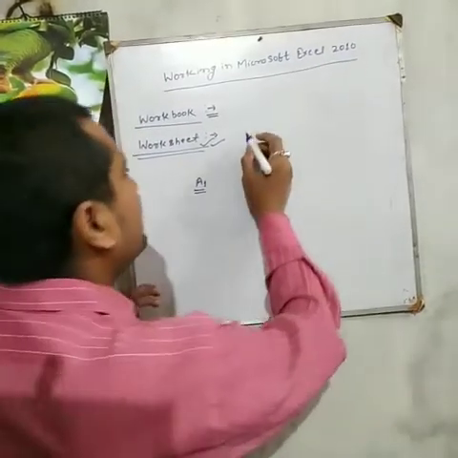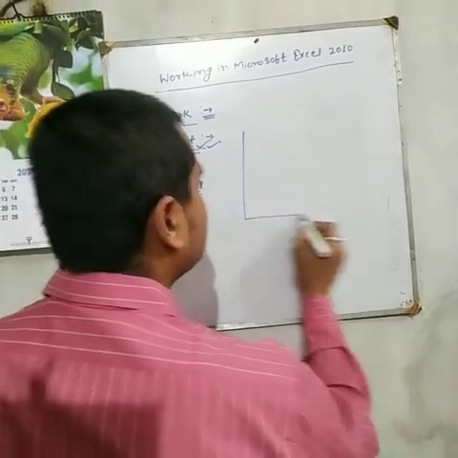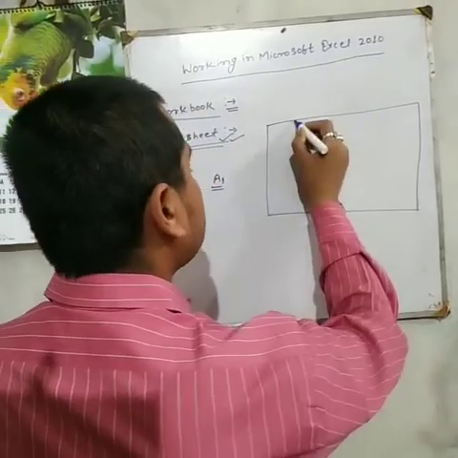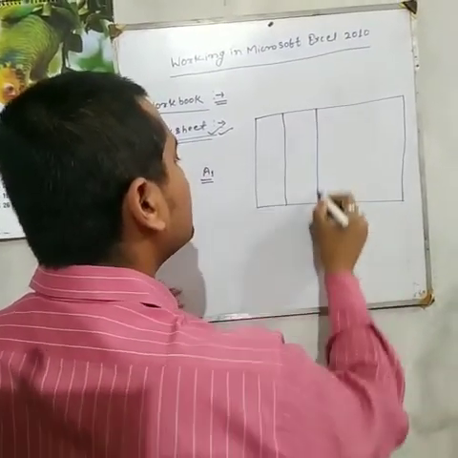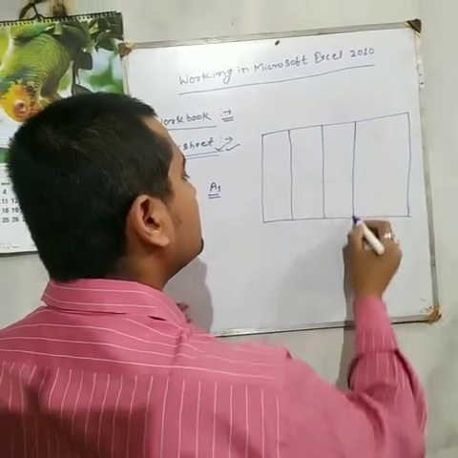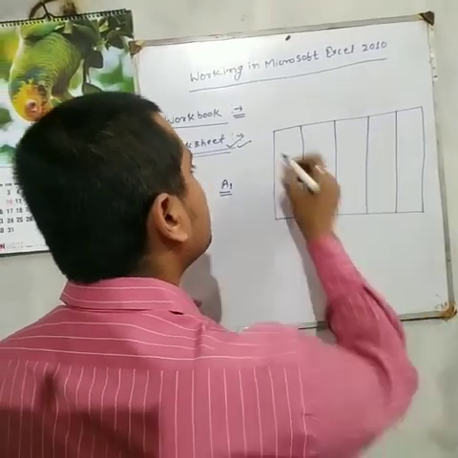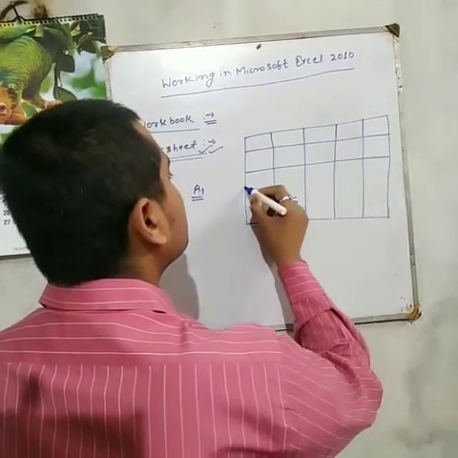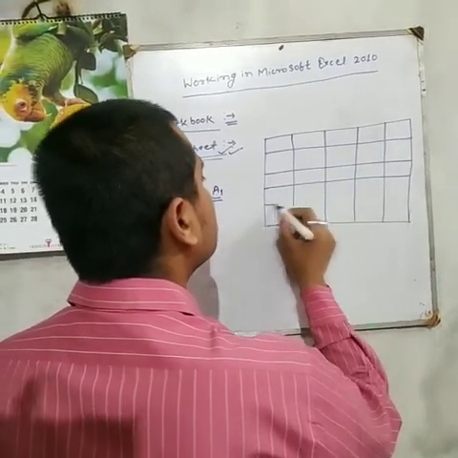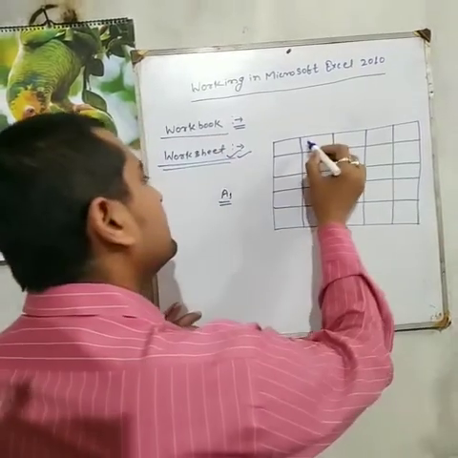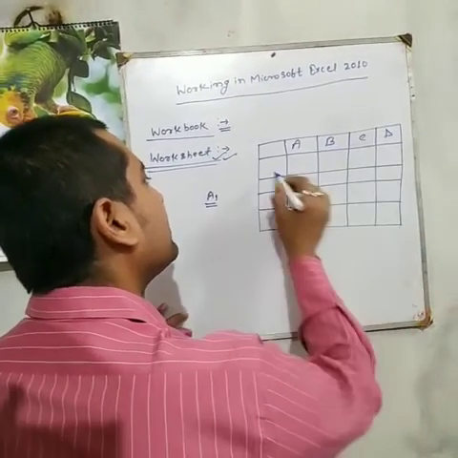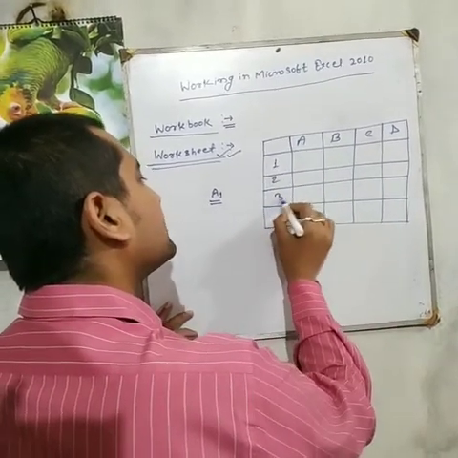For example, this one is your worksheet. A, B, C, D, 1, 2, 3, 4.